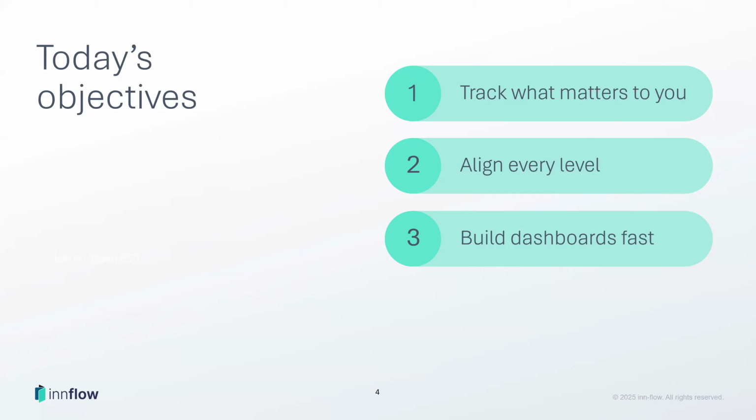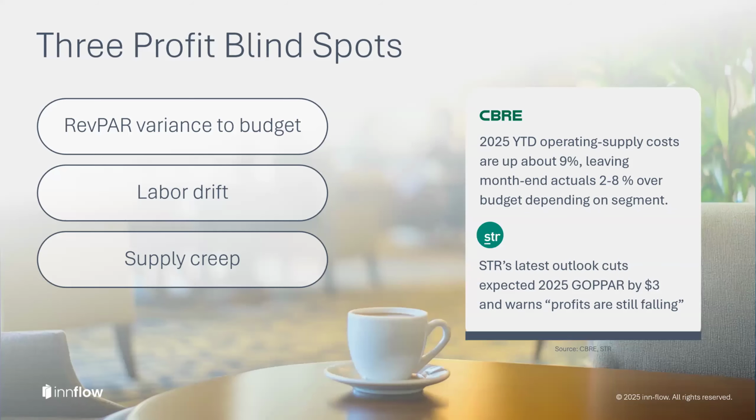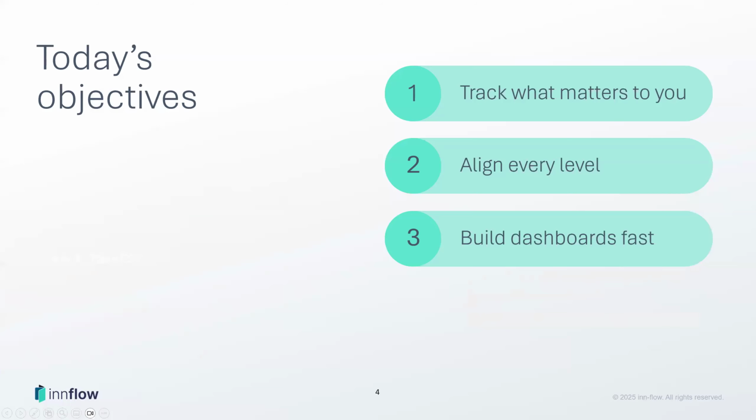Before we move forward, I want to help you understand why these three capabilities are crucial. So let's consider where profit most often slips away. Going back really quick, these are our three objectives: to track what matters, align every level, and build trust.